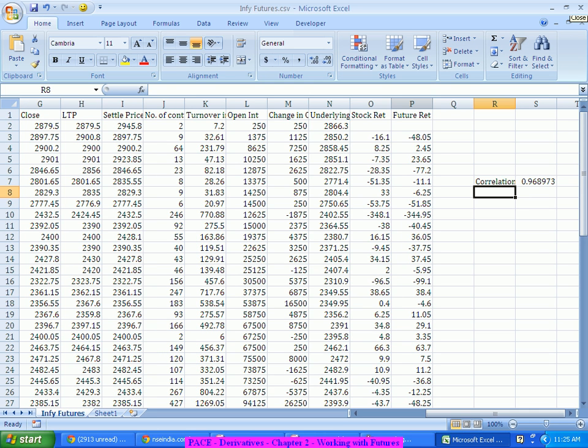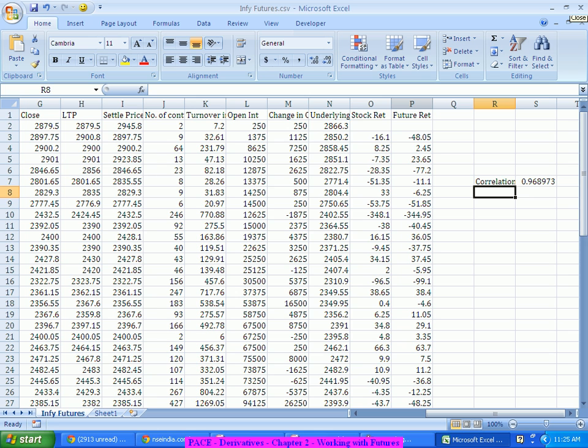Now, how do I measure that reduction in risk, or how do I measure that risk itself? That can very well be obtained through a concept that has nothing to do with the futures market or any market. This is with two different securities. Here my securities are Infosys spot and Infosys future.